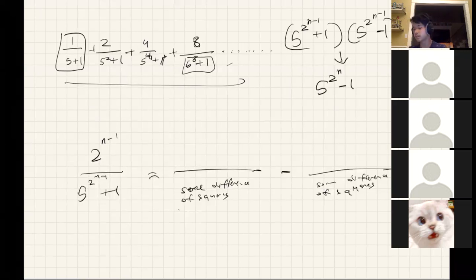So there's something interesting. This is motivated by the fact that the exponents are increasing powers of 2. So this is what suggests the difference of squares approach.